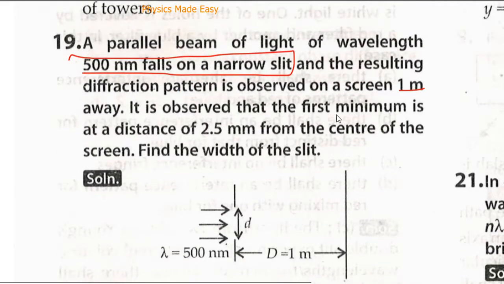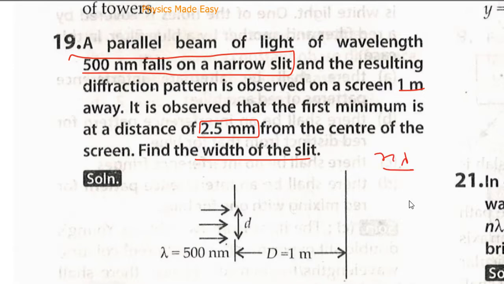It is observed that the first minima is at a distance of 2.5 mm from the central maxima. Find the width of the slit. Now the condition for minima is n lambda by d, where d is the size of the aperture. For the first minima, it is just lambda by d.